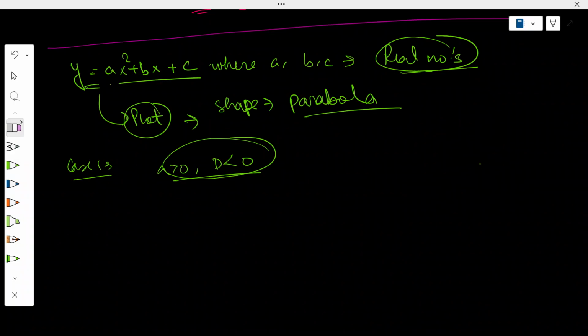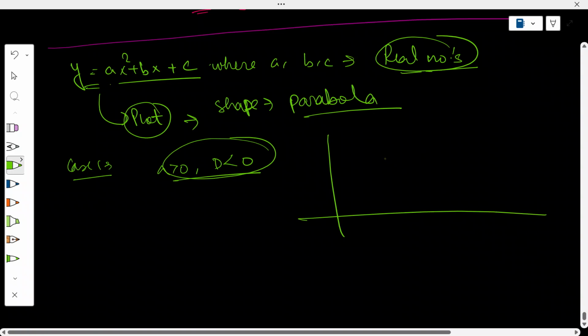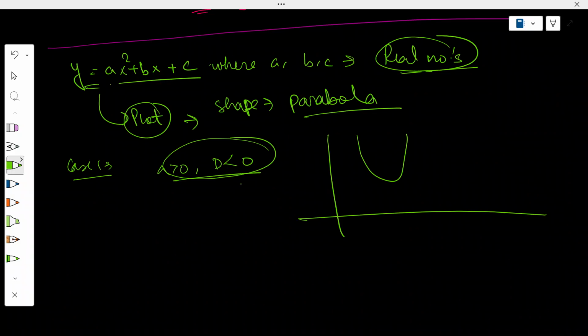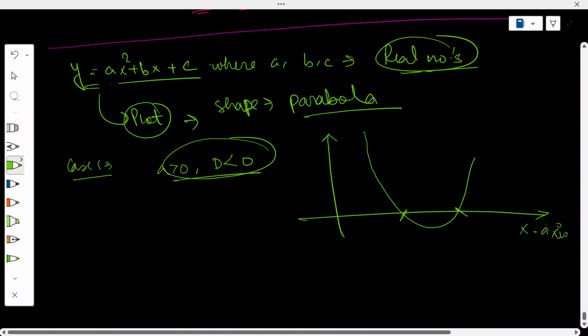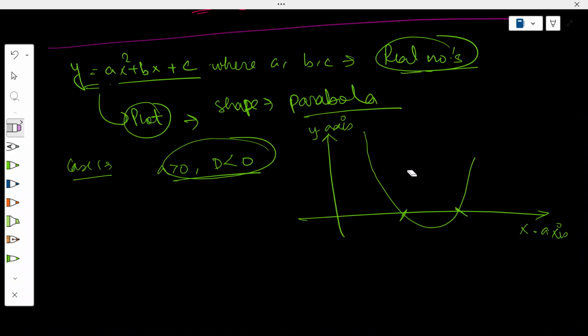Since a is positive the graph will look like this, and since D is negative, it means there are no real roots. If there were real roots, the points at which the graph cuts the x-axis would be the roots. Since D is less than 0, the roots do not exist, so the graph will look like this.